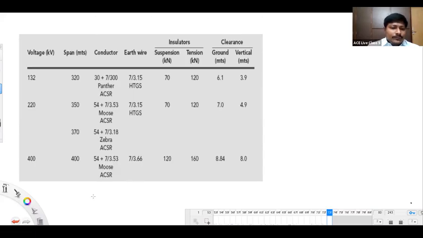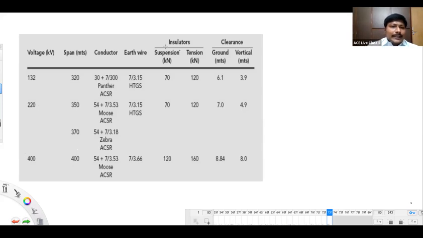Just go through this one. You can see the levels of voltage here: 132 kV, 220 kV, 400 kV. Span lengths are given here. Span lengths 320 meters, 350, 370, 400 meters. Distance between the successive towers.